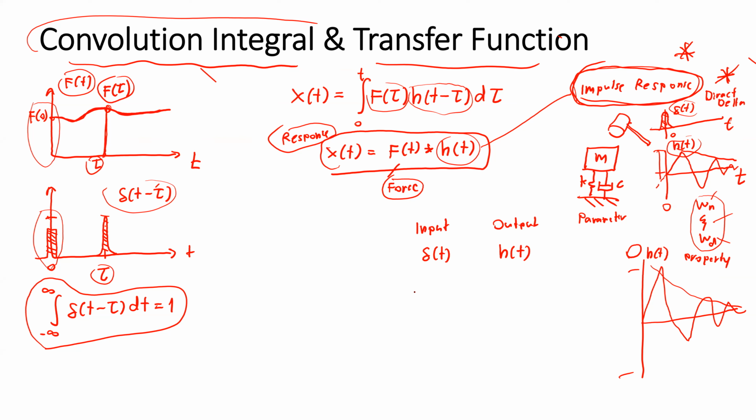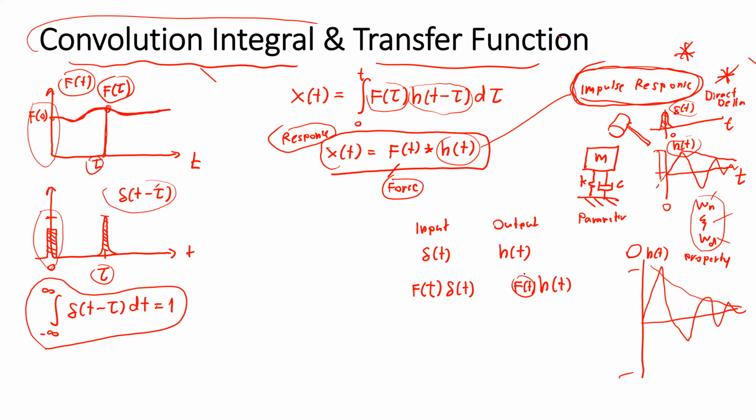If the input is the magnitude of the force at that time, multiplied by a delta at that point of time, the output is going to be the same, but multiplied by the force magnitude at that point of time.